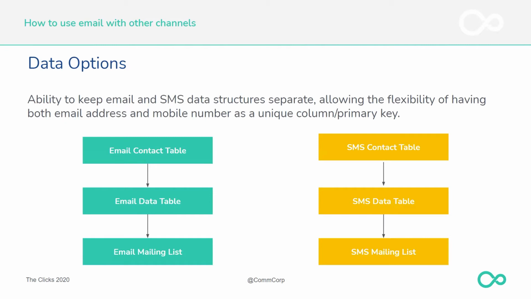This allows you to both have the flexibility of contacting individuals who might have an email address as well as mobile numbers, but also targeting individuals who you might have just the mobile phone data, but you want to target them and collect that additional data and then tie it into your email communications. So you do have the option of setting these up separately, and then you could join them by using automated jobs as part of the process throughout that journey.